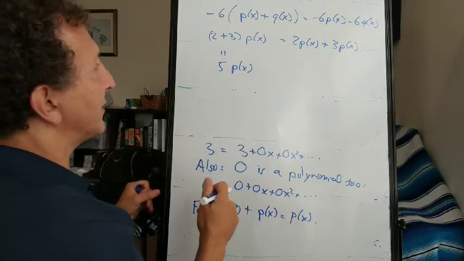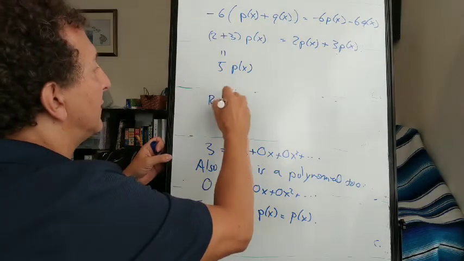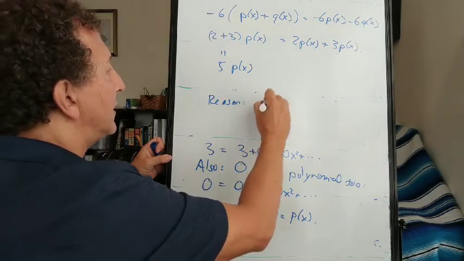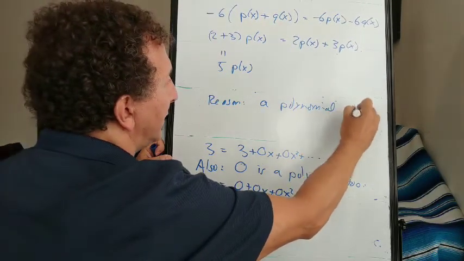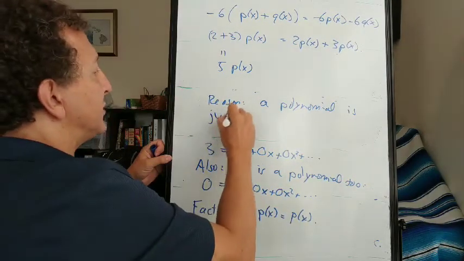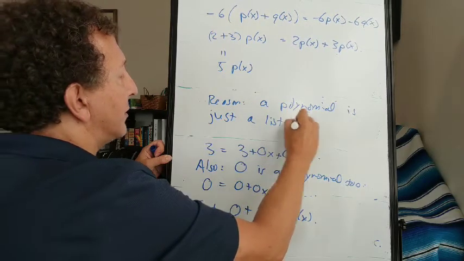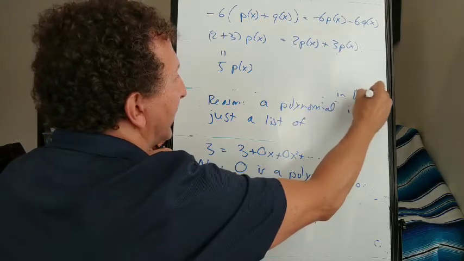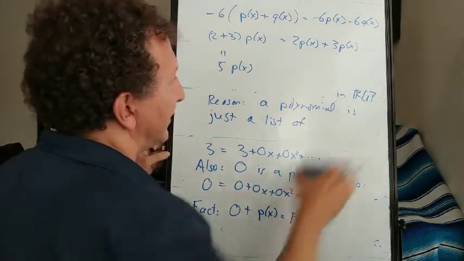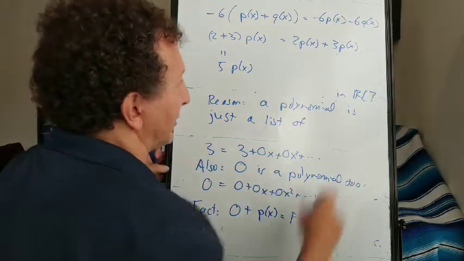And the reason this works is that a polynomial in R bracket x is just a list of real numbers, the coefficients.